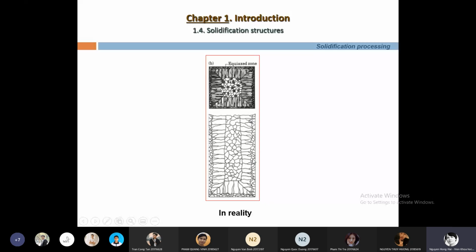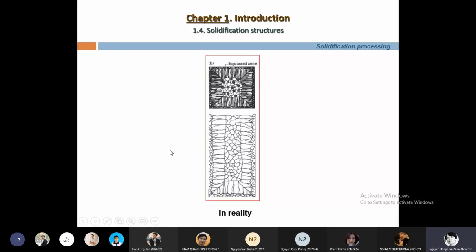The outer is very fine, the inner is much coarser. It's a normal structure. You can distinguish three zones very clearly.